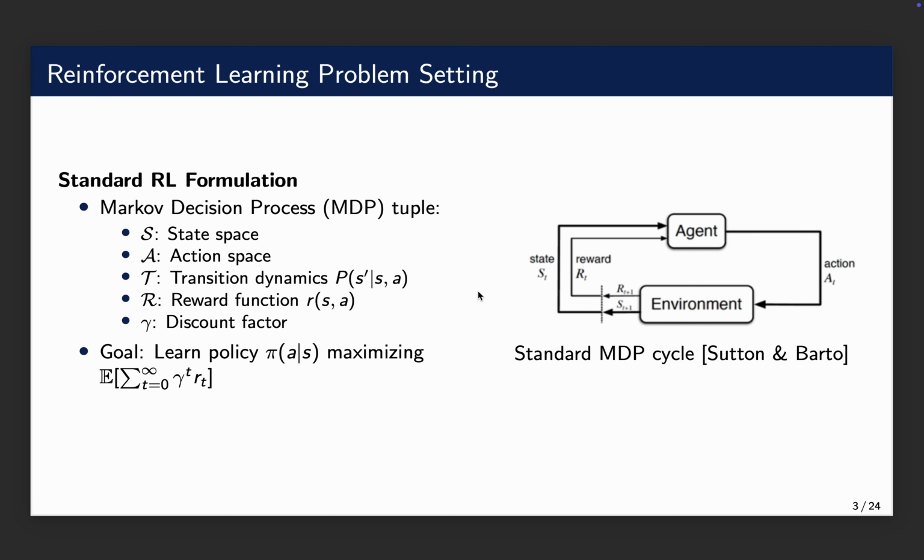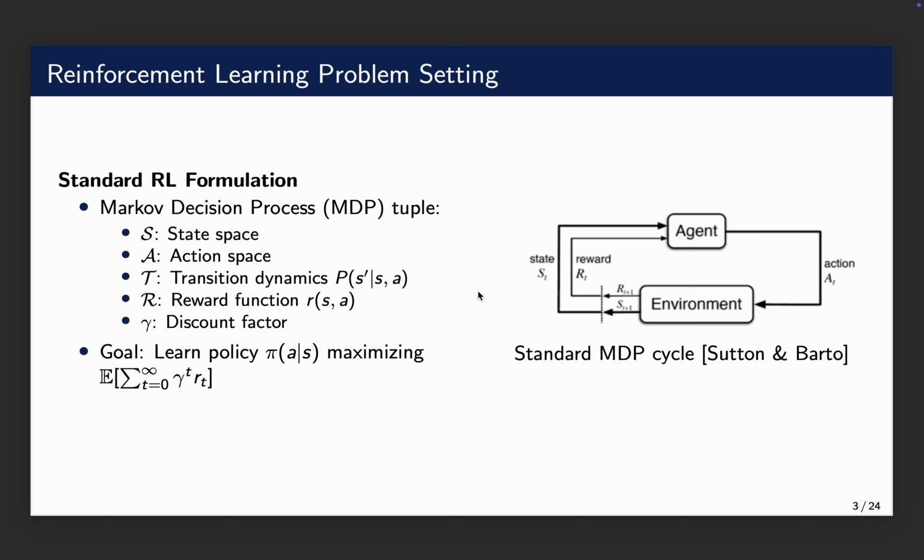The agent here corresponds to a computer, which can make a set of decisions, and the environment is everything else. Then we have an action space, which is the set of actions or decisions that an agent can take. Then we have a transition dynamics, which is usually a set of probabilities which govern what is the next state that the agent will find itself in, given it takes an action at the current state.